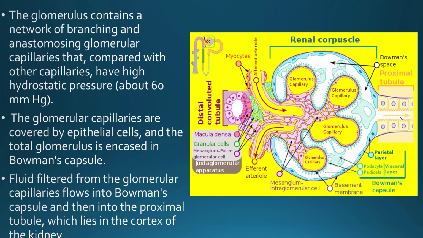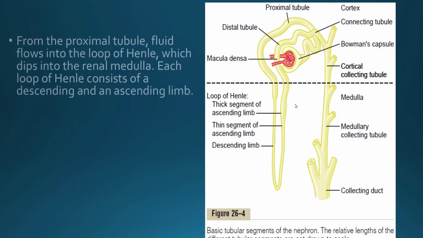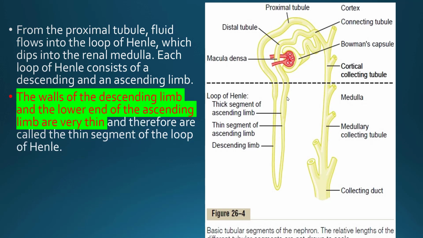From the proximal tubule, fluid flows into the loop of Henle. When fluid is filtered from the glomerulus into the Bowman capsule, it enters into the proximal tubule. Then it flows into the loop of Henle, which dips into the renal medulla. Each loop of Henle consists of a descending and ascending limb, as I told you.